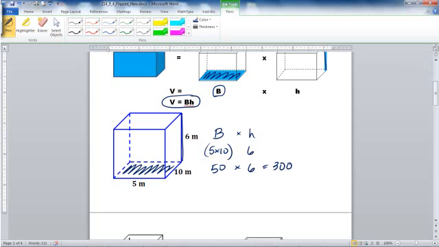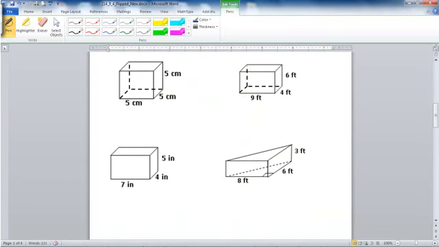Now up above, in my building, so to say, my prism, I didn't have units, so I just said units cubed. This time I do have units: meters, meters, and meters. Well, if I think about meters times meters times meters from your algebra class, that is meters cubed. So again, the area of the base times the height.